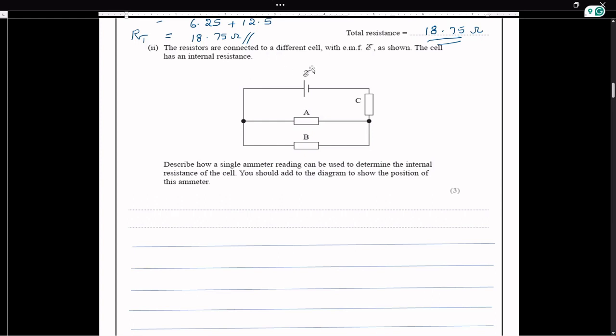The resistors are connected to a different cell with an EMF E, as shown, and it has an internal resistance. Describe how a single ammeter can be used to determine the internal resistance of the cell. You should add to the diagram to show the position of this ammeter.